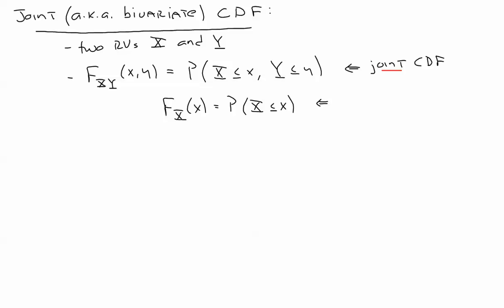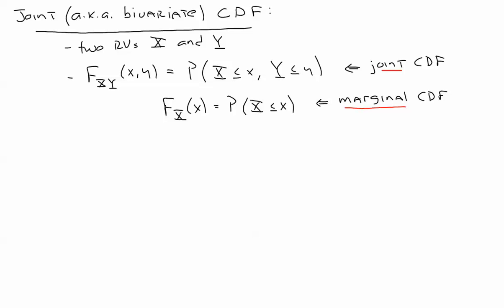If we consider a single random variable in isolation, we talk about marginal CDFs and PDFs. So if we talk about two random variables together, we talk about joint CDFs and PDFs. If we talk about a single random variable in isolation, we talk about marginal CDFs and PDFs. That's an important distinction for us to make.